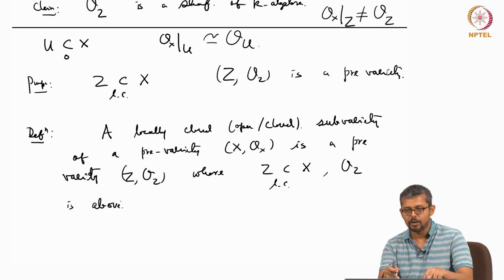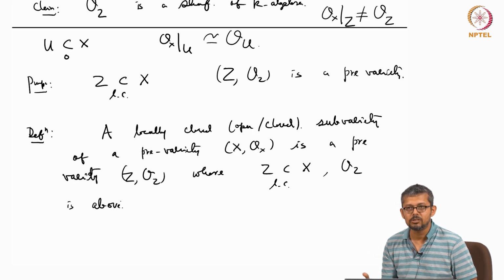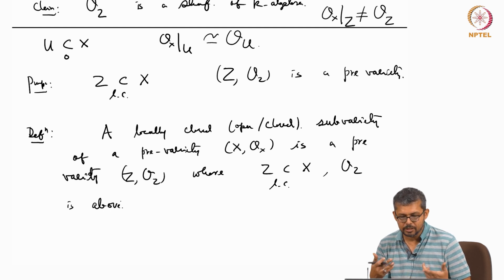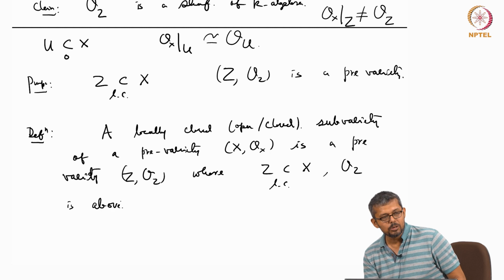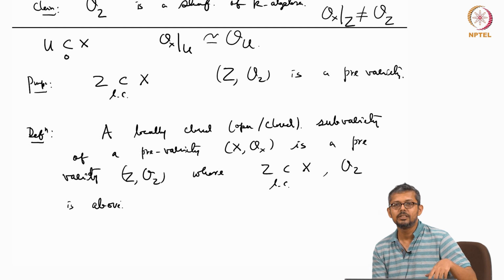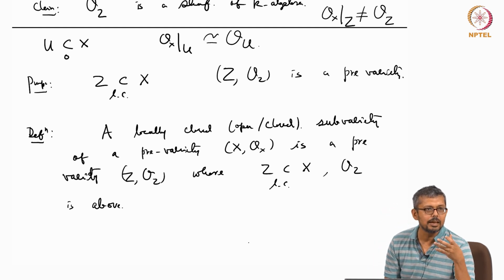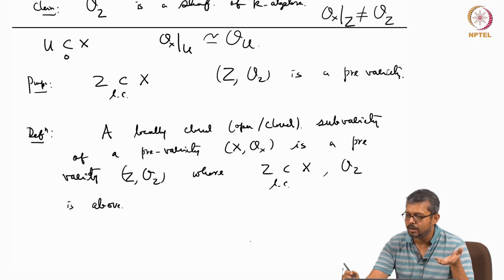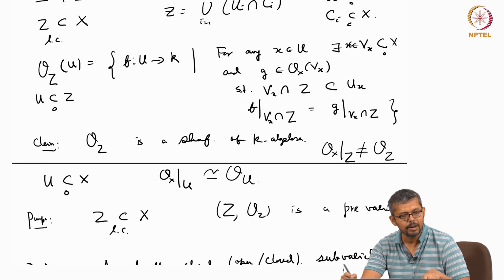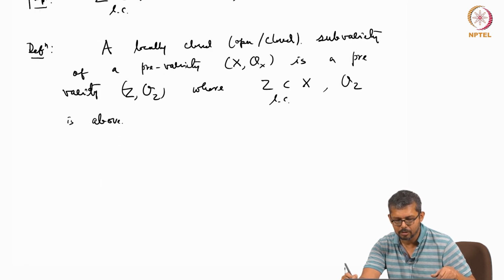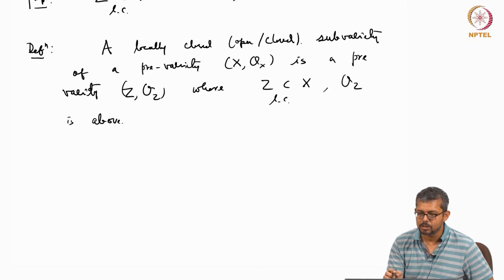So here I took a locally closed subset, then I constructed a sheaf. So the locally closed subvariety of X is of this form: it is a locally closed subset, and the sheaf structure is induced from O_X. From O_X only you got the sheaf structure on Z. You define the sheaf O_Z from X. So these are called locally closed subvarieties.